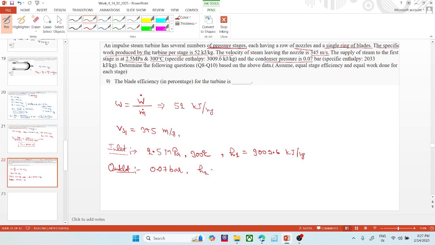The exit enthalpy H2 is 2033 kilojoule per kg. Then determine questions 8 to 10 based on the following data. We have to assume equal stage efficiency and equal work done for each stage. So as problem 9, we have to determine the blade efficiency with this provided data.